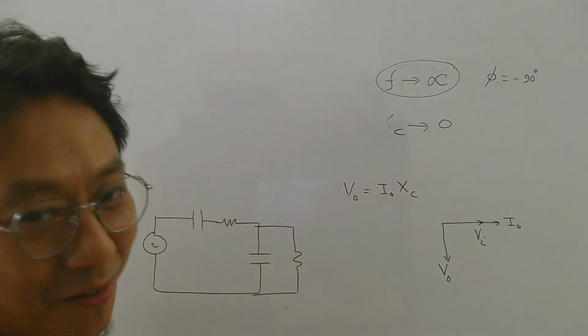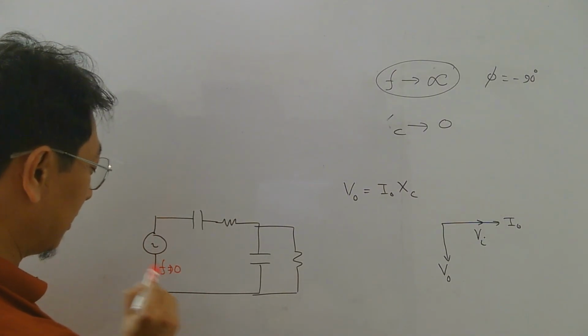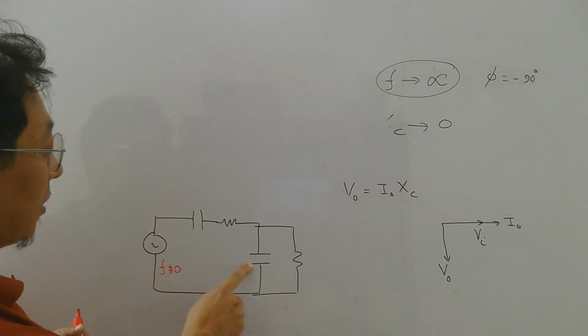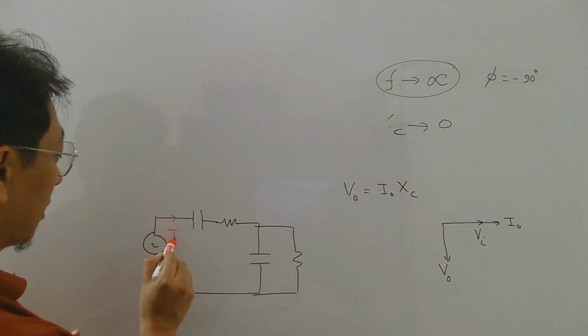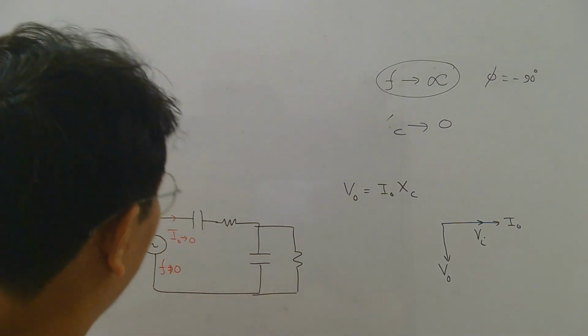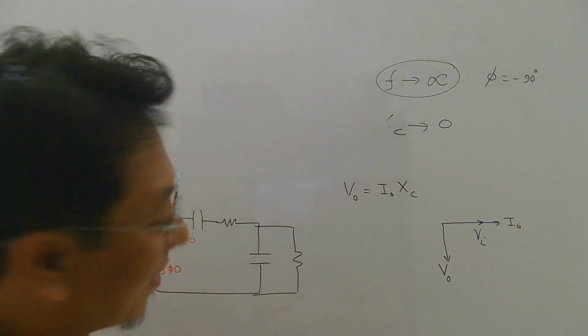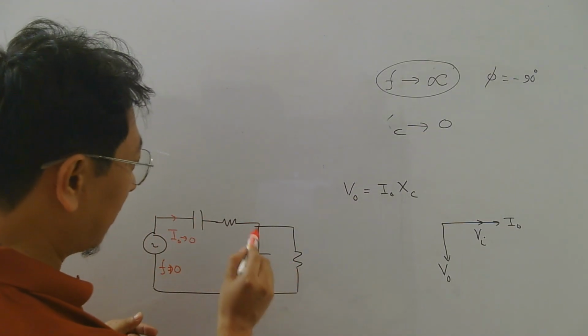So let's do a quick revision. So when the frequency of the source is very small, tending to 0, these two reactances will be infinite. Therefore, a very small current will flow, very small current, but still some current will flow, right? Because exactly 0 we are not saying. So some current will still flow, and that small current will divide here.